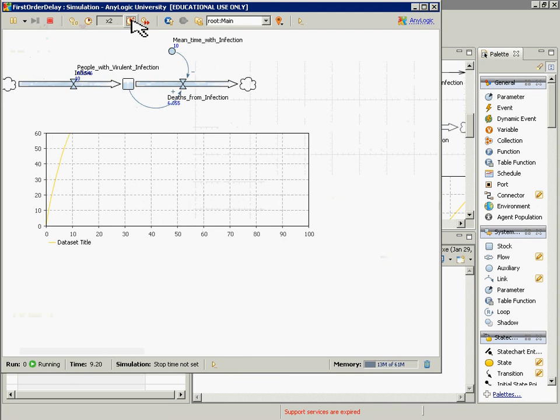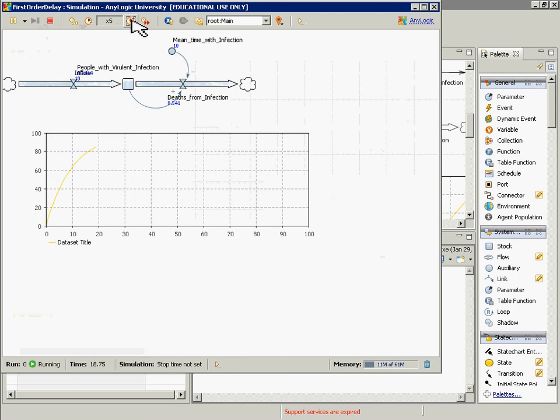Why? The inflow is constant. The outflow depends on the stock. If the stock is initially very low, like 0, the outflow will be very small as well, and therefore the inflow will greatly exceed the outflow, and therefore the value of the stock will go up, right?